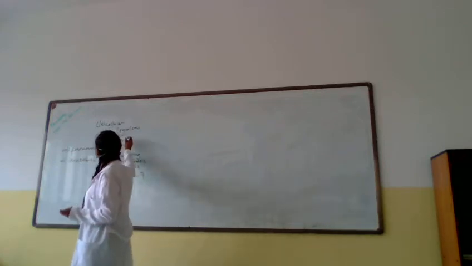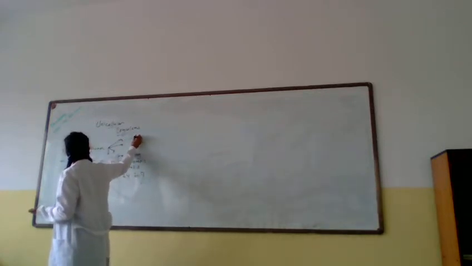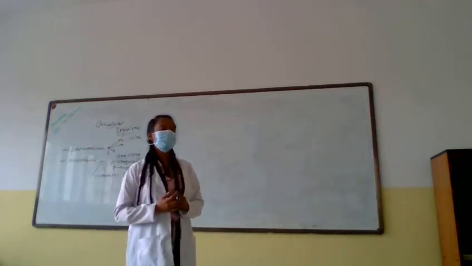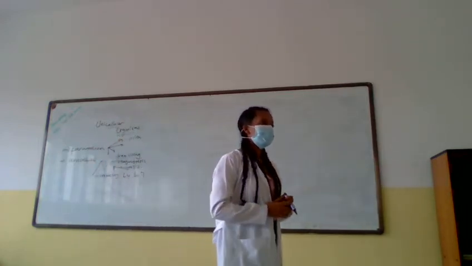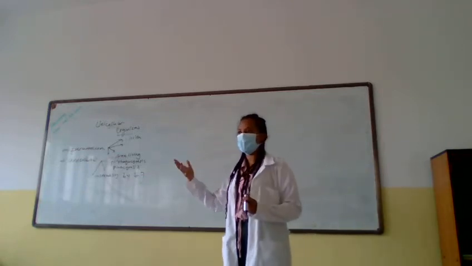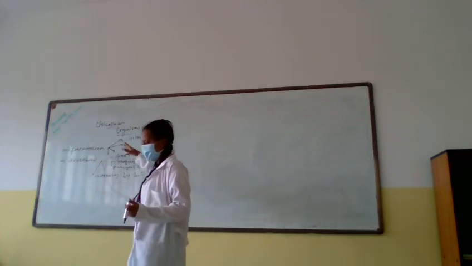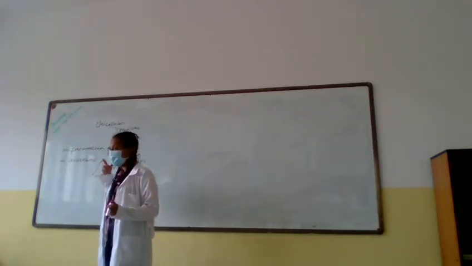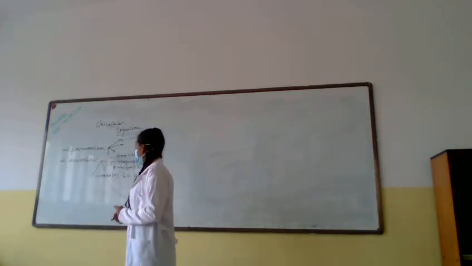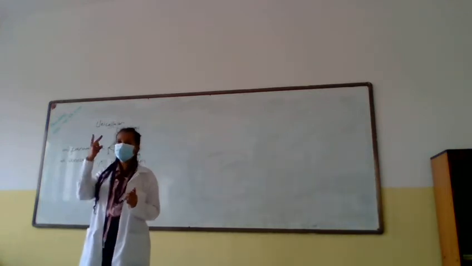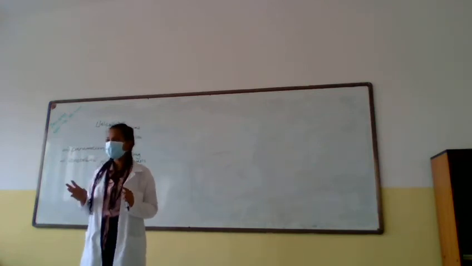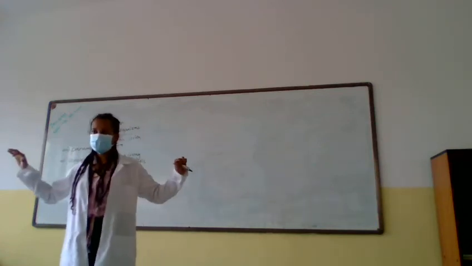And reproduction in paramecium is either sexual or asexual. What is the sexual one? Yes, conjugation. Conjugation is the fusion of two parameciums and they share the nuclear material between them and they divide.